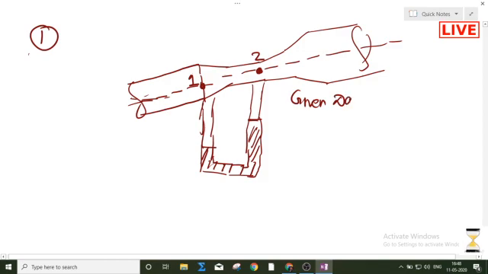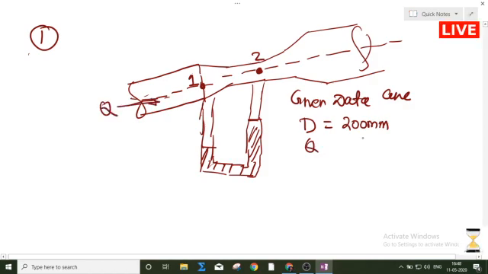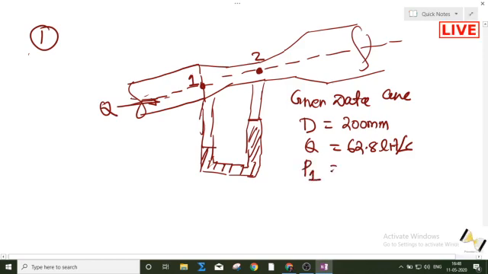So what are the given data? The diameter of the pipe, I'm writing capital D, is 200 mm. The discharge in this pipe is 62.8 liters per second. The pressure at point number 1 in the pipe is 100 kilopascal, that is a gauge value.